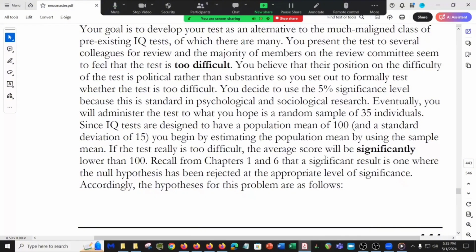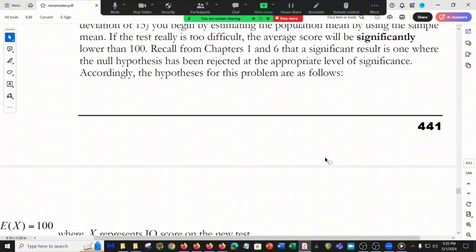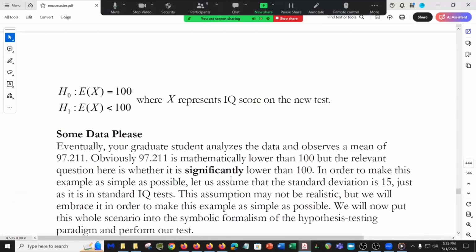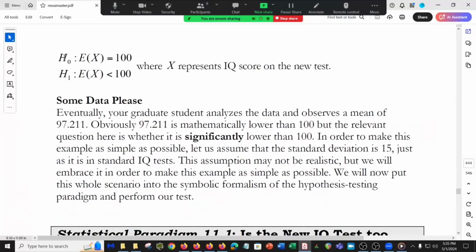Accordingly, the hypotheses for this problem are as follows. The null hypothesis is that the population mean, also known as the expected value, is what it should be, which for IQ scores is exactly 100.